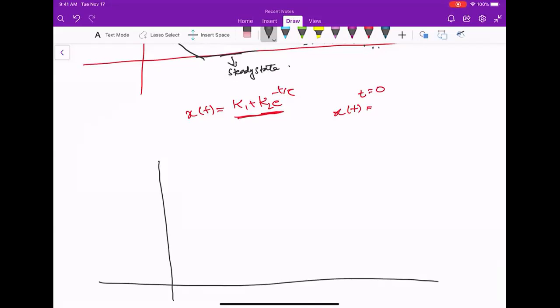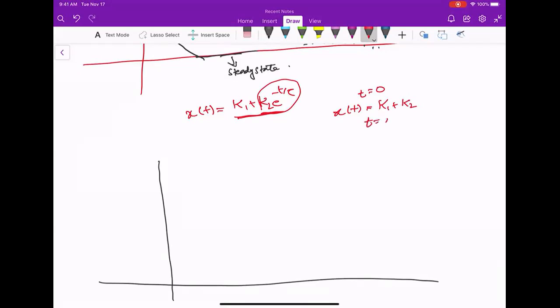X of t will be k1 plus k2, right? Previously, when we were just plotting this, at t equal to 0, x of t was k2. But if we are plotting both of them, x of t is k1 plus k2.